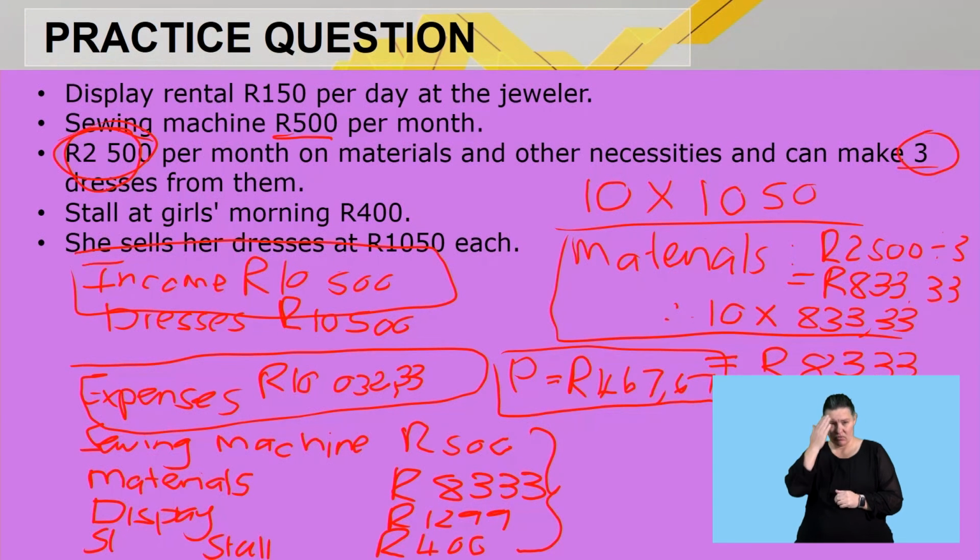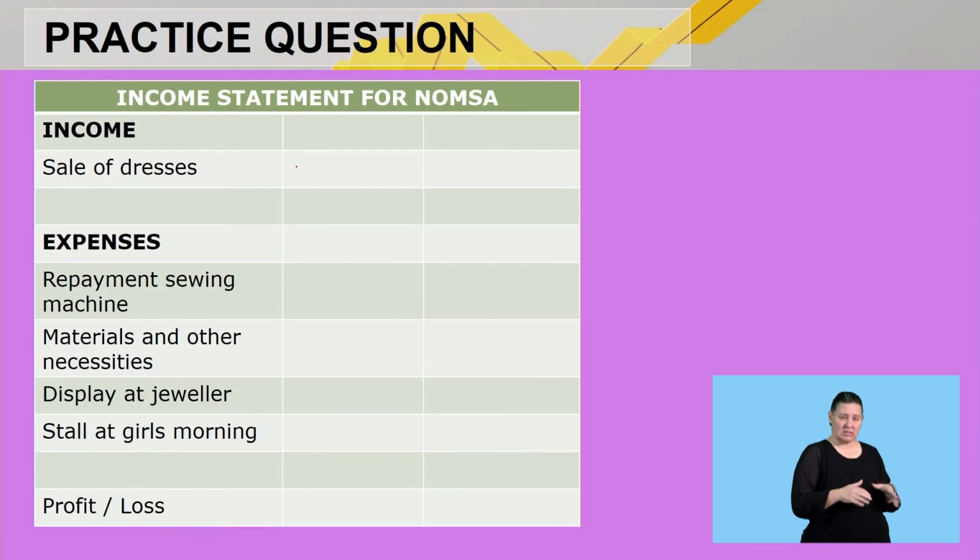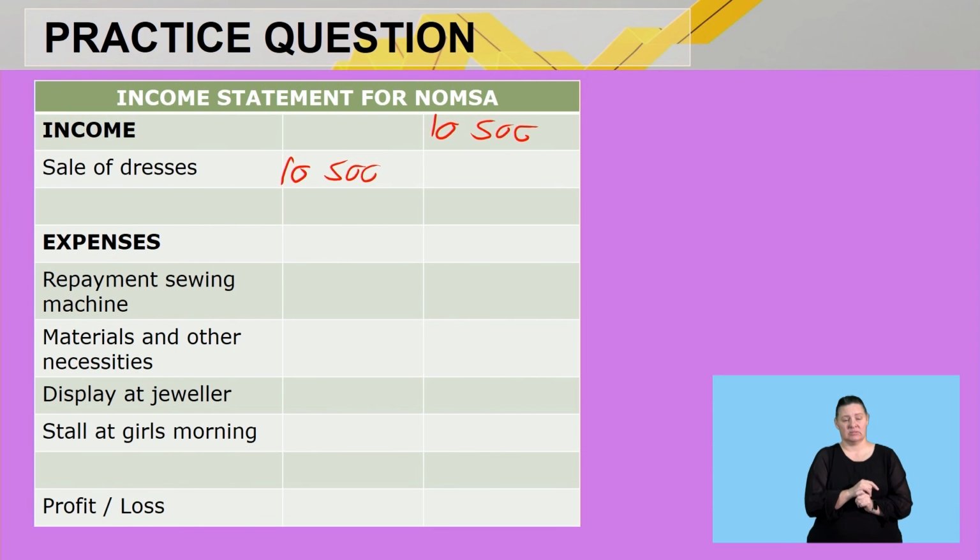So for the whole month, after making 10 dresses, she has got a profit of 467 Rand. Now Nomsa needs to go back to the drawing board and decide, is she willing to work for 400 Rand a month? Let's do it nicely. So my income for the sale of the dresses is 10,500 Rand, and that's the only income. Expenses: the repayment of the sewing machine is 500.